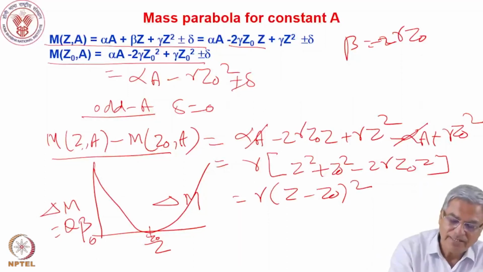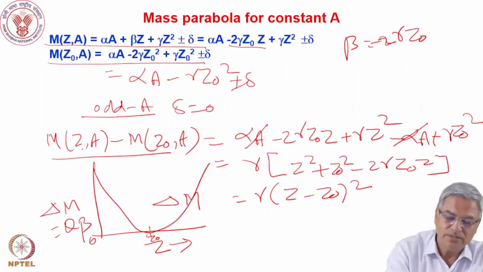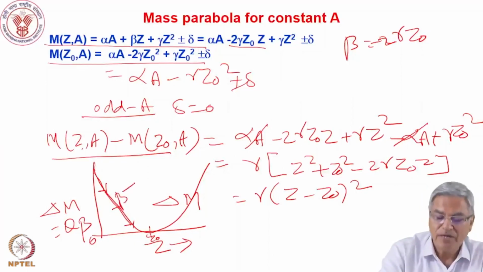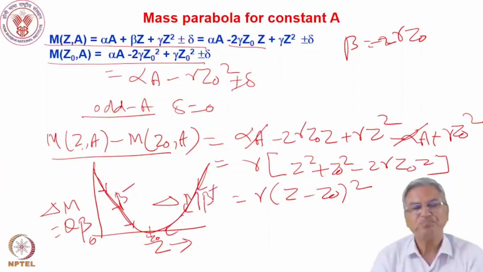Now you see here, as Z is increasing from left to right, up to Z0 the lighter Z values will undergo beta minus, and the heavier Z values will undergo beta plus.